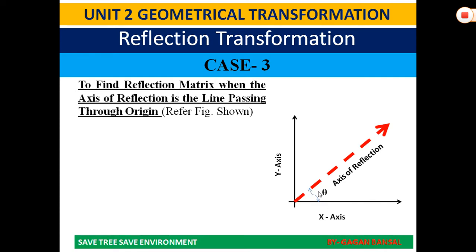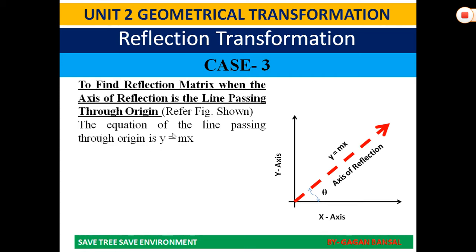Suppose this line is making an angle theta with the x-axis. Clear? So the equation of this line will be y equals mx, where m is the slope of this line, m is equal to tan theta, where theta is the angle made by the line, that is the axis of reflection, with the horizontal.